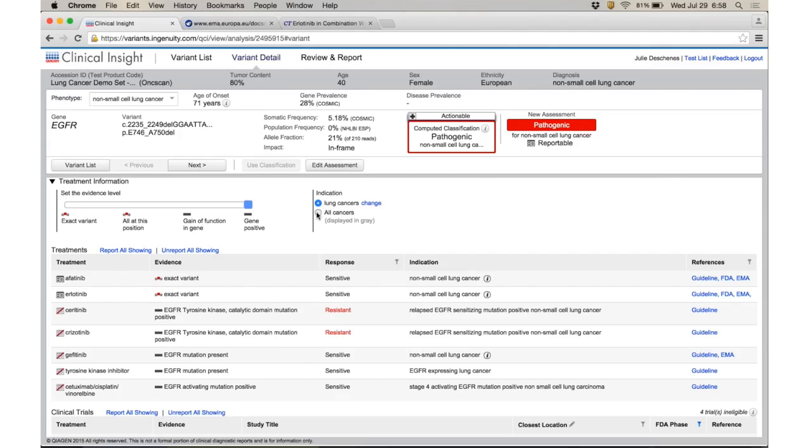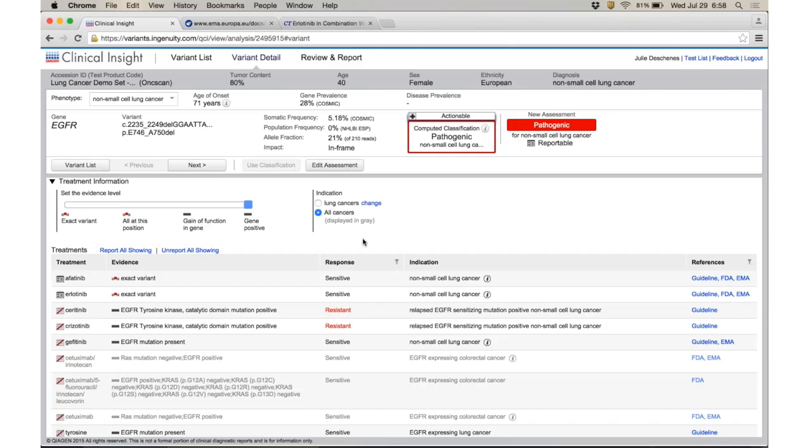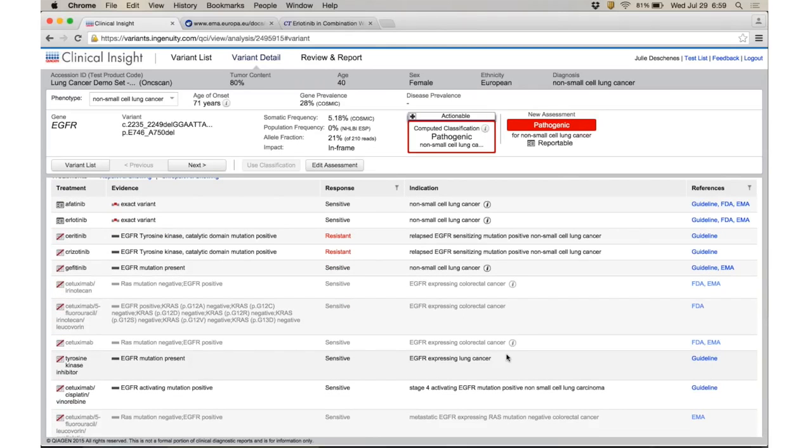You can also do the similar thing by looking at all cancer. And now you will see not only the lung cancer indication, but all the other ones. One thing to notice is they will be grayed out to indicate clearly to you that these are not trials or treatments that are approved for the specific indication that you have within the sample. But you can still see and decide to report if this is meaningful for the case that you are currently studying.